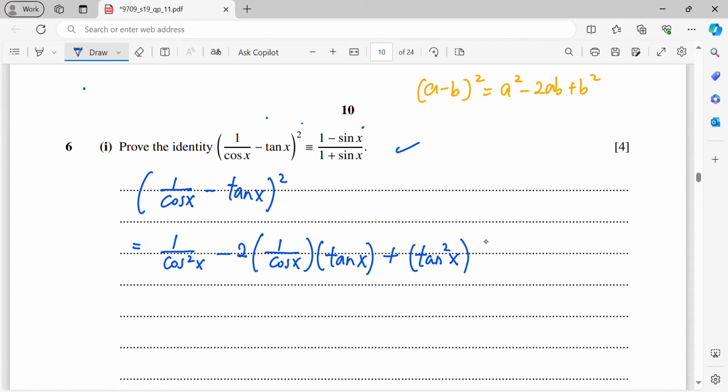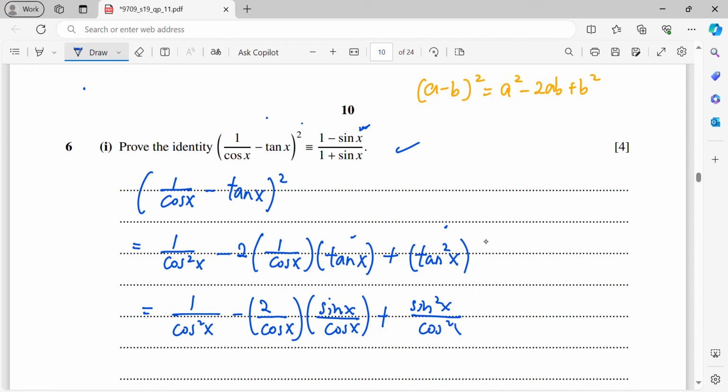Now here I will change the tangent x to sine over cos first because the answer has no tangent. So I will change to 1 over cos square x minus 2 times 1 over cos x, which is basically 2 over cos x, then tangent x is sine x over cos x, plus tangent square x, which is basically sine square x over cos square x.